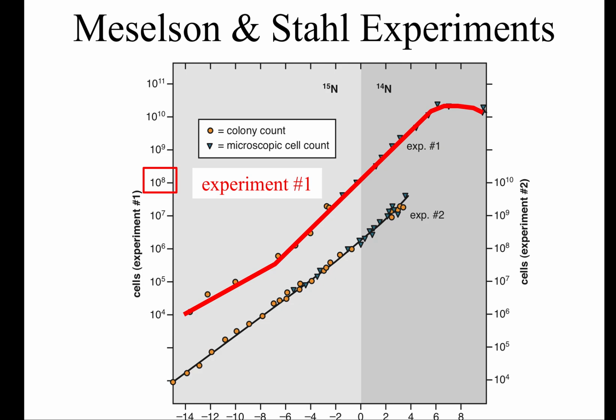Okay, so here's how they did this experiment. The scientists are called Meselson and Stahl. They did two experiments that are graphed here. In the first experiment, they measured the density of bacterial cells, because bacteria have DNA too, and they labeled those bacterial cells and sampled them every once in a while over a certain amount of time.